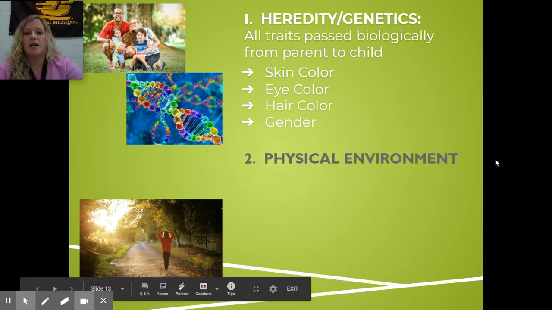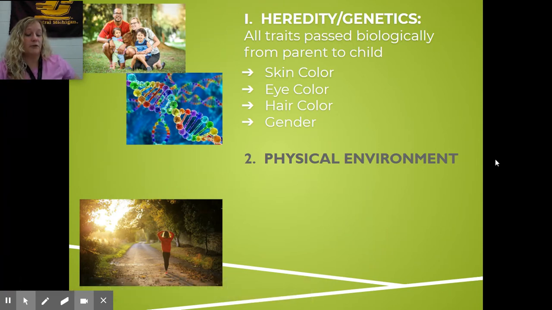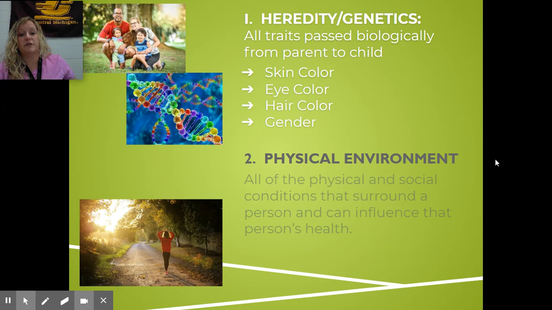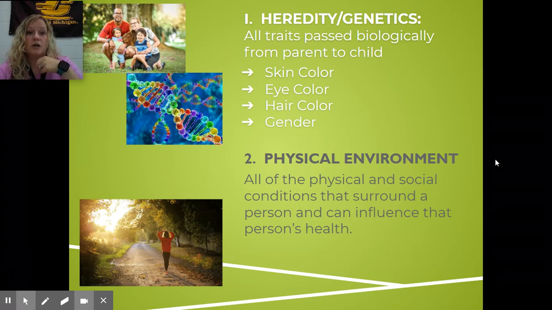The next component of health influences or risks is physical environment. The physical environment encompasses all physical and social conditions that surround an individual, and these are things that could influence their health. This could include air quality.